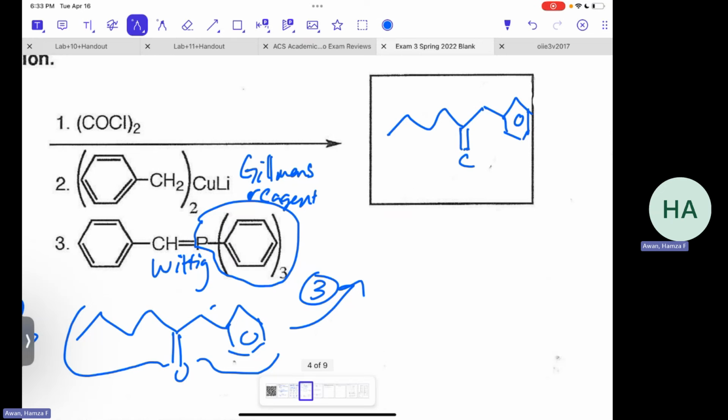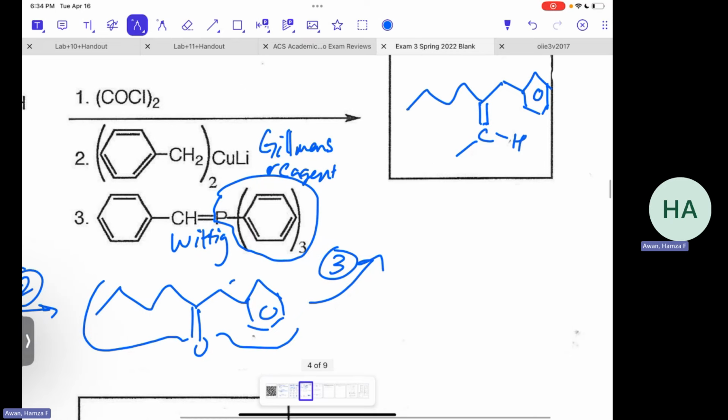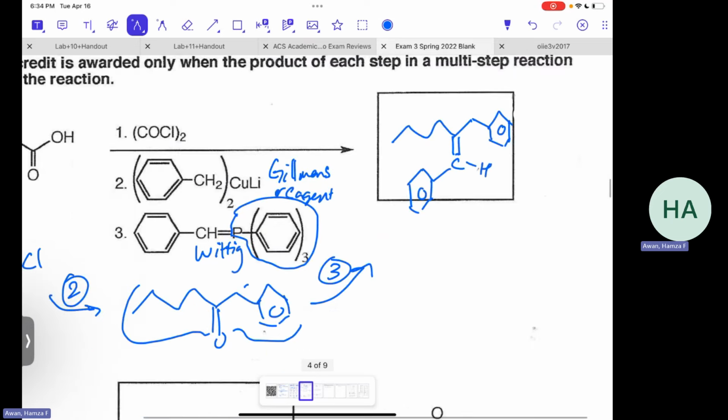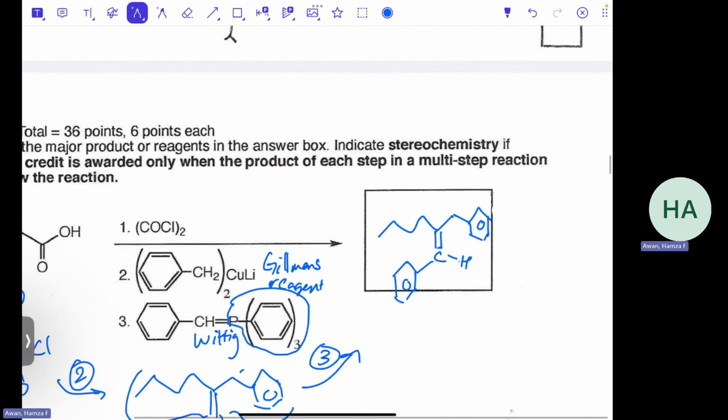This is going to be our C bonded to the H. And then over here on the other side, we're going to have our benzene ring. And that is going to be our final answer.